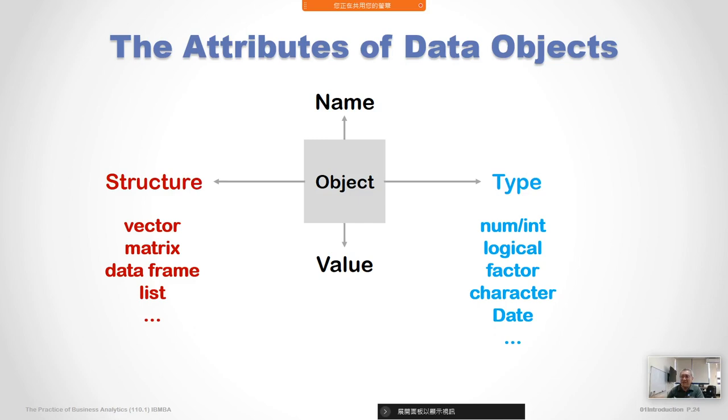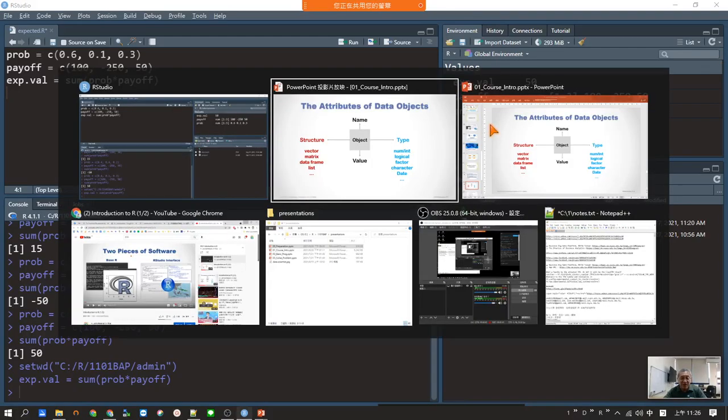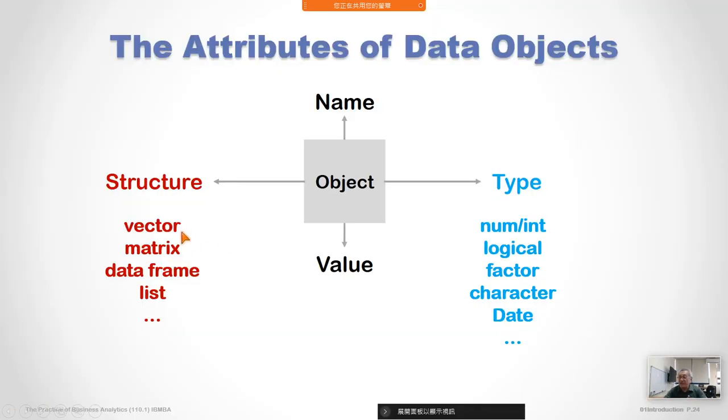Data have many different types, and data have many different shapes. They have different structures. Payoff and probability here are what we call vectors. They are the same type of data in a sequence. Vectors are a one-dimensional structure. And you can have a matrix, which is a two-dimensional structure. You can have a data frame, you can have a list, a lot of different structures.